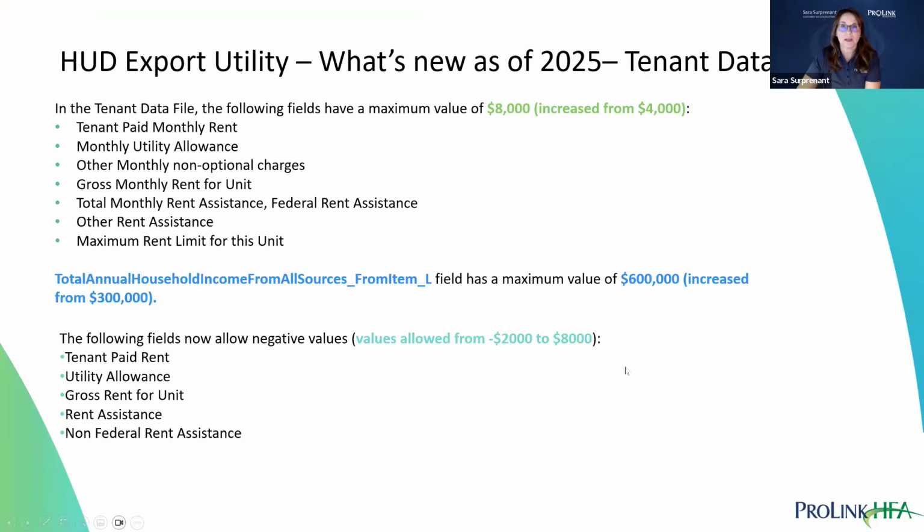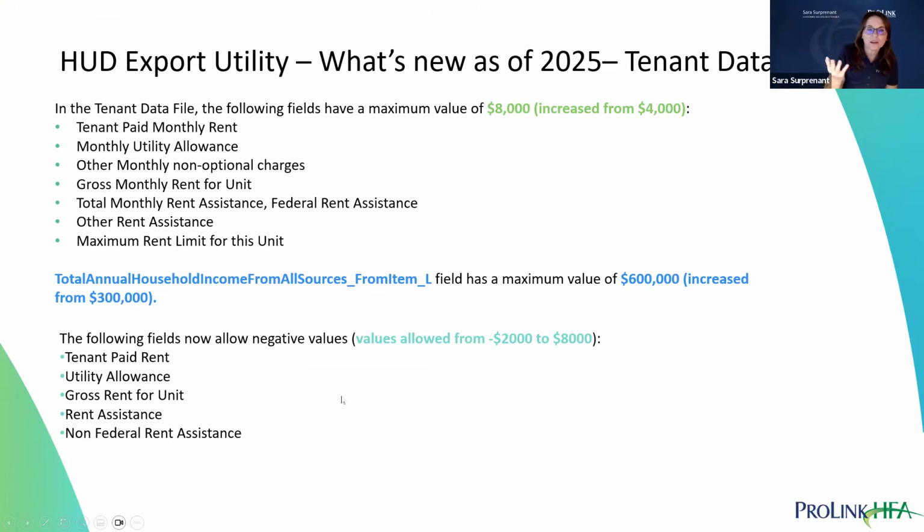Here's again some stuff that we talked about last year, the values for the tenant data file that we're going to increase their maximum value from 4,000 to 8,000, and that's what these are. So you can go up to 8,000 for tenant paid monthly rent, which I don't know why it would go up that high, but I digress.